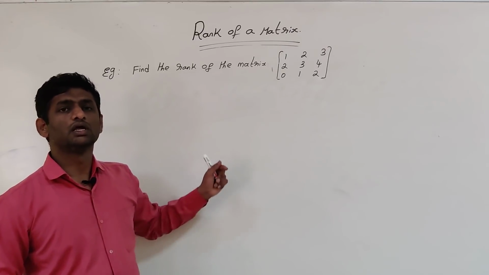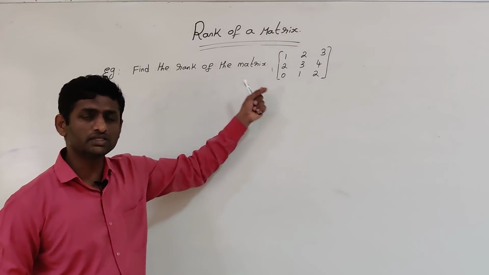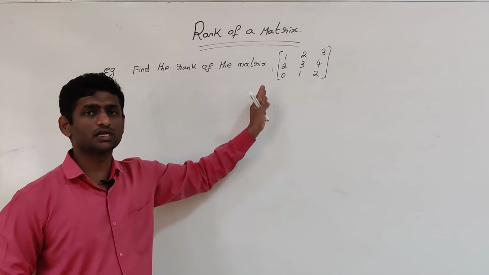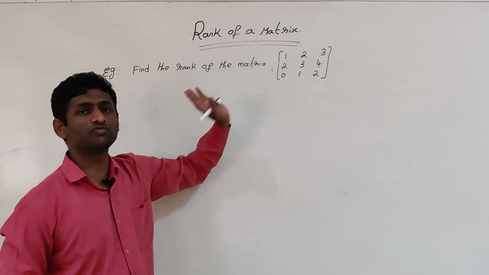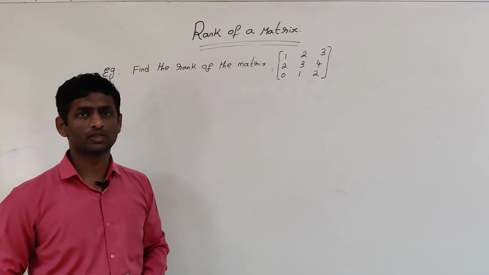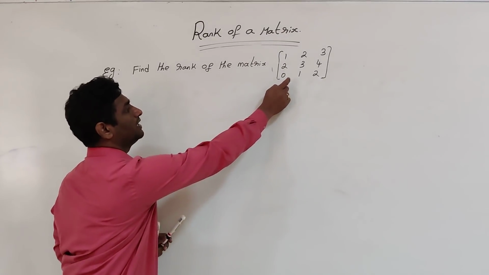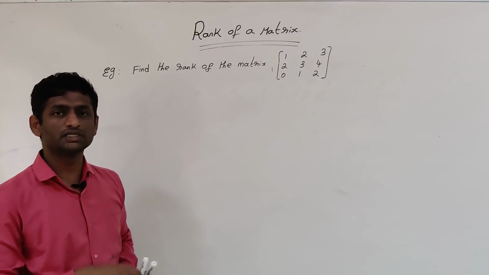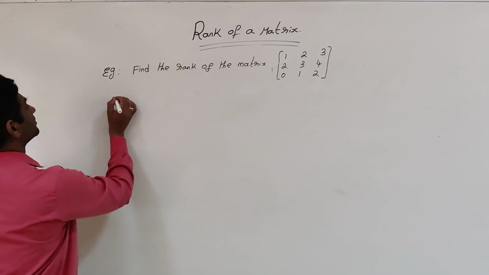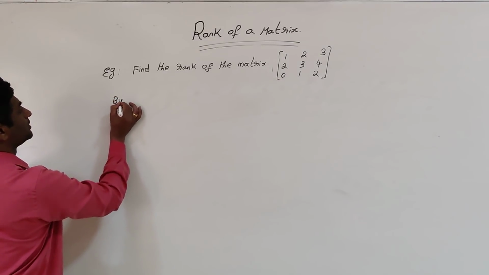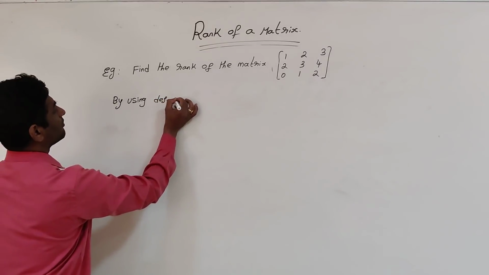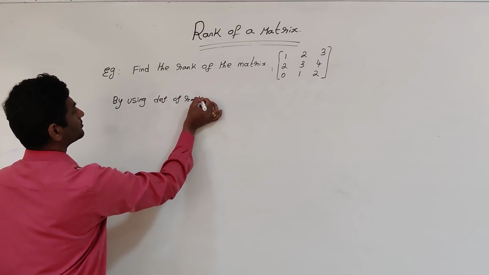Next, if A is singular and all 2 by 2 square submatrices are also singular, then the rank of the matrix will be 1. Now we will see whether the determinant is singular or non-singular by using the definition of rank.